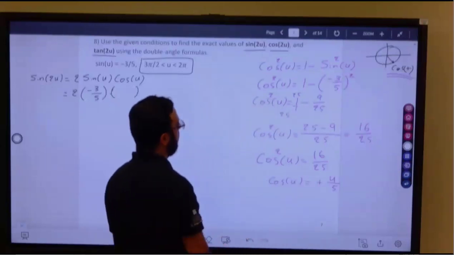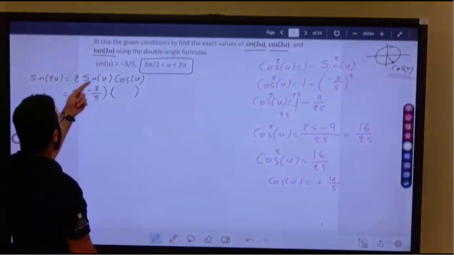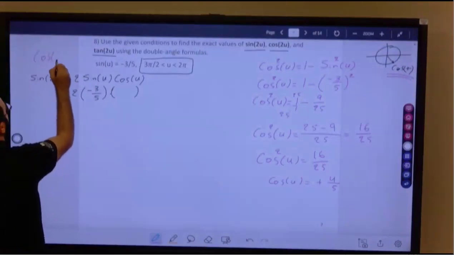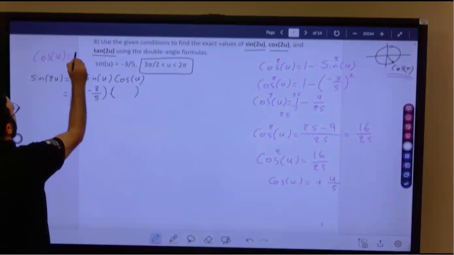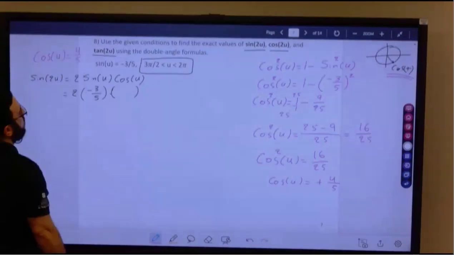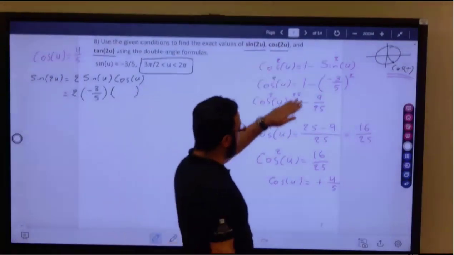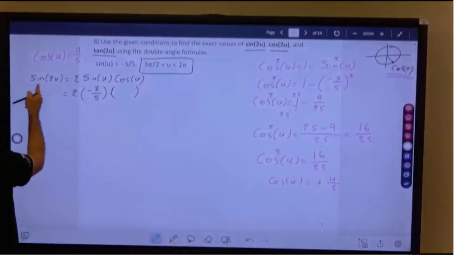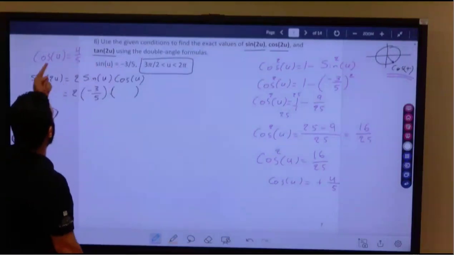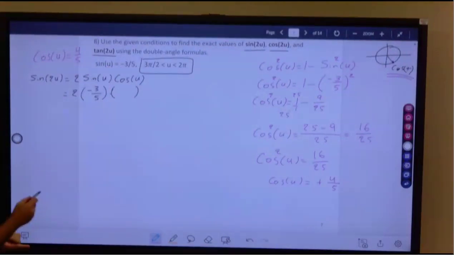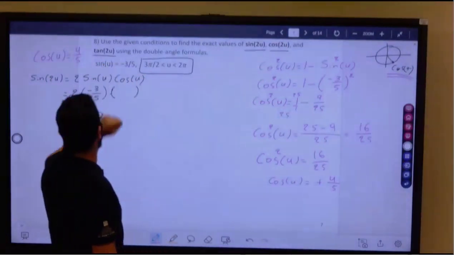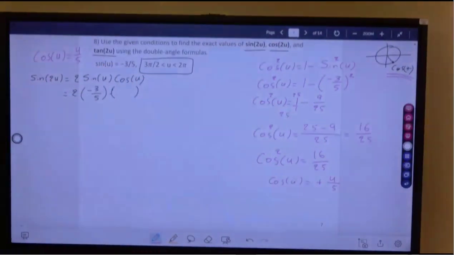That means cosine u equals 4 over 5. You can do these steps before you start finding the first part, because you need the sine and the cosine to find sine 2u, cosine 2u, and the tangent also. So this is the first way to find the cosine.